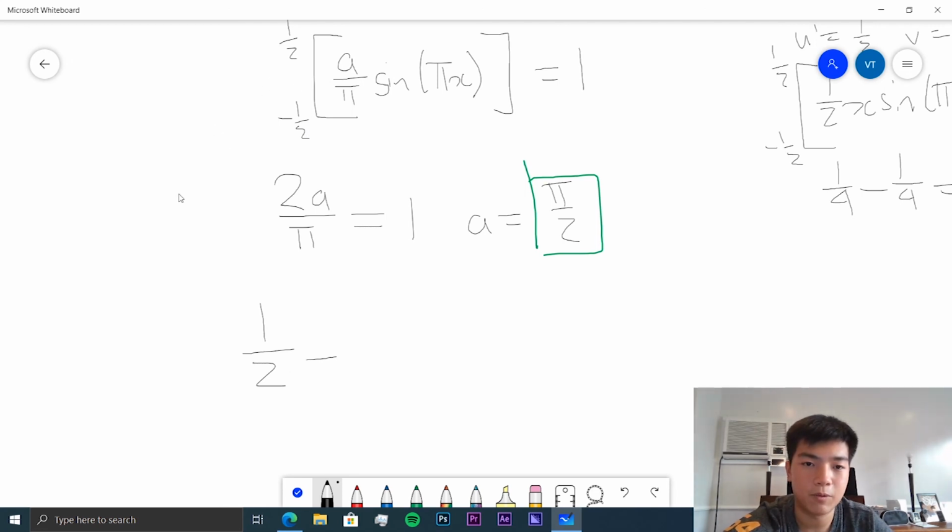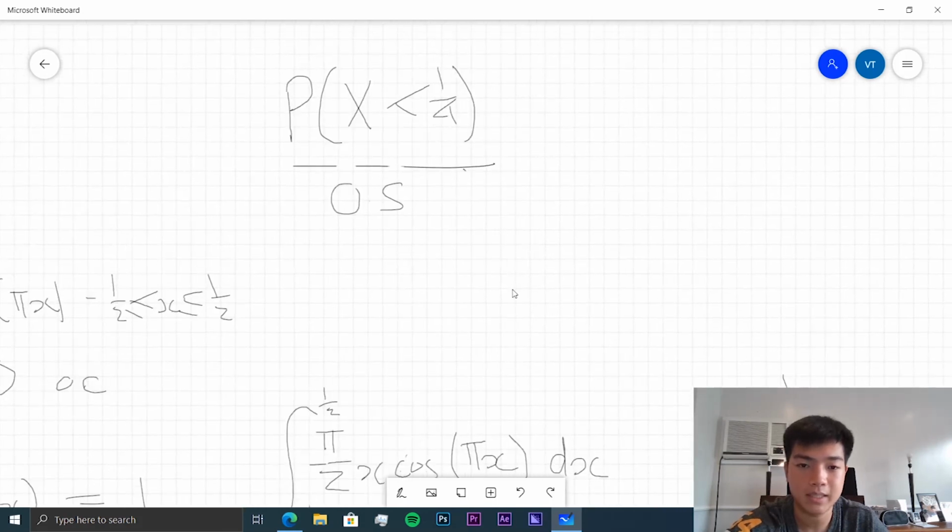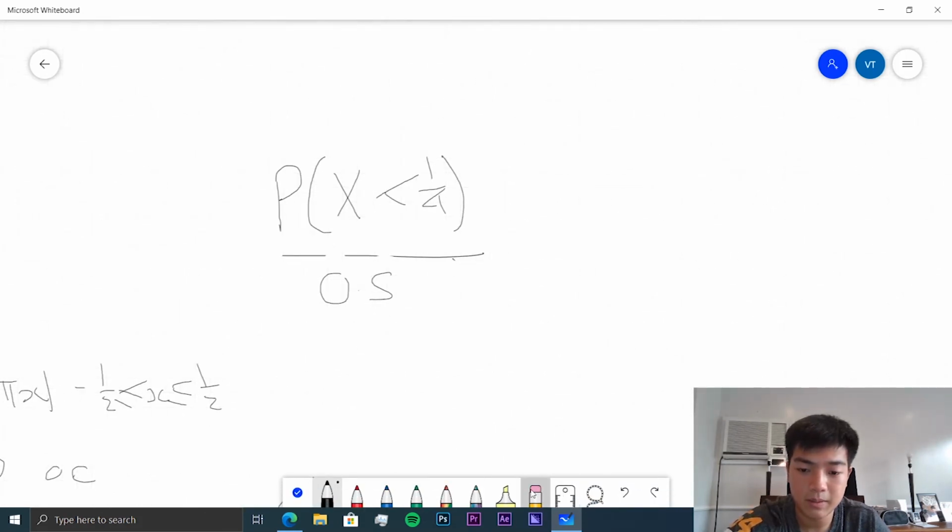The lower bound is 1/4, so that will be 1/2 sine pi over 4. Sine pi over 4 is root 2 over 2, so this is minus root 2 over 4. So that's around 0.146, so we're getting 0.146.